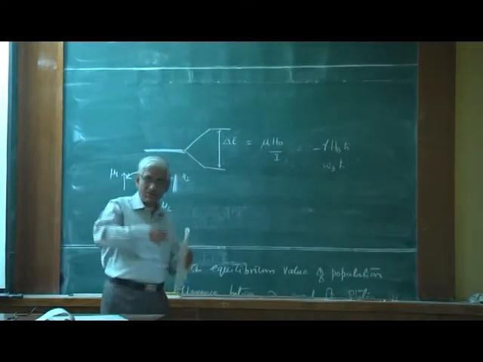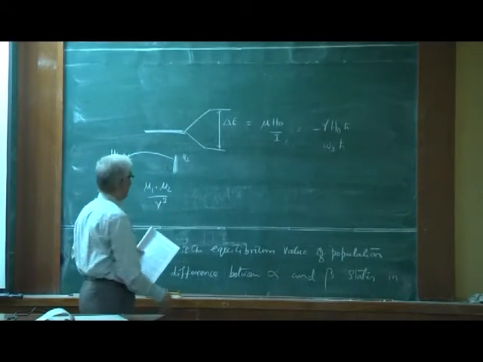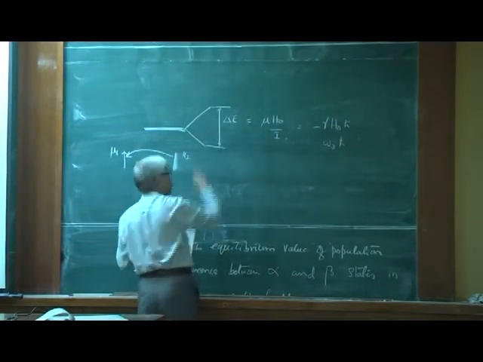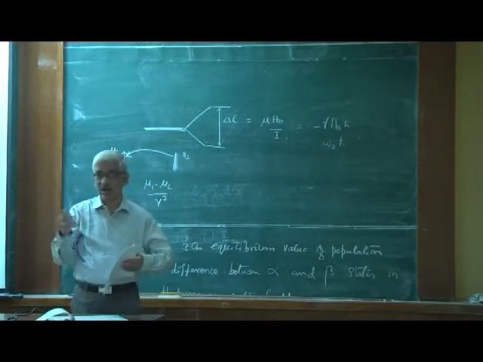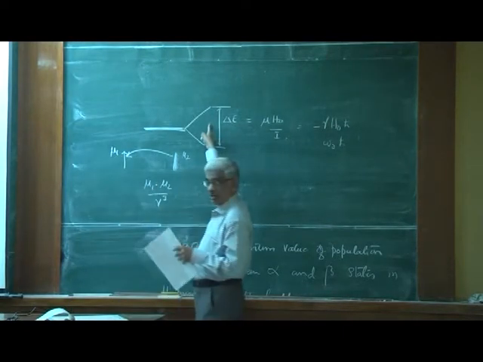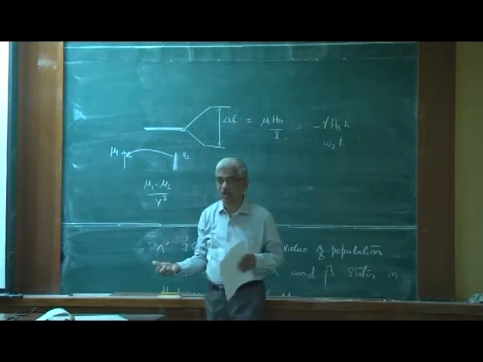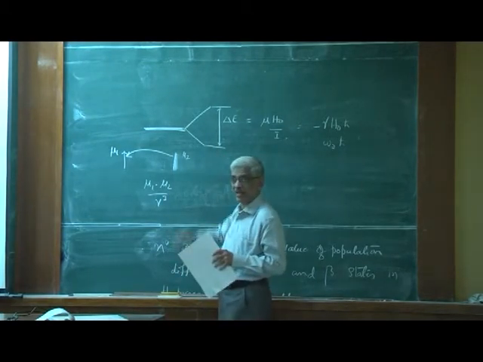Therefore the resonance condition also implies that if you supply energy corresponding to this, there will be absorption of energy. When you have an RF whose frequency matches this energy difference, there will be absorption of energy and transitions from the ground state to the upper state.